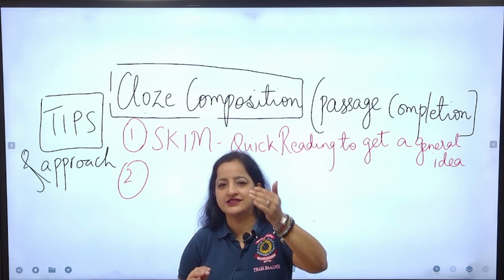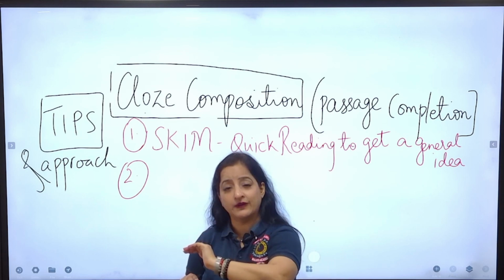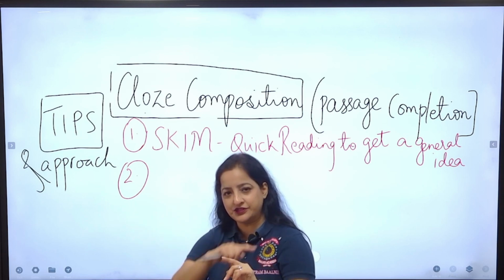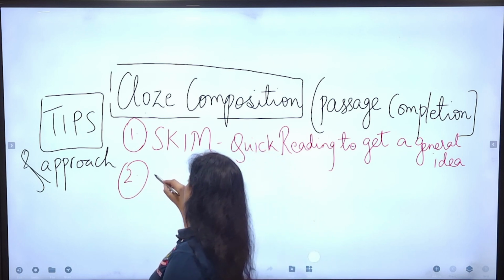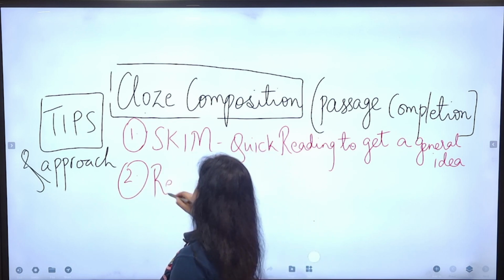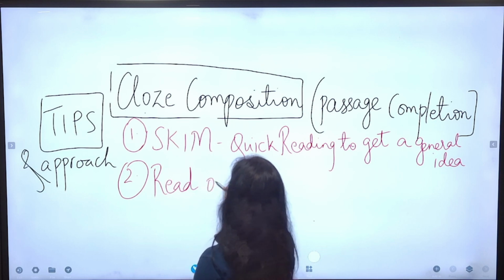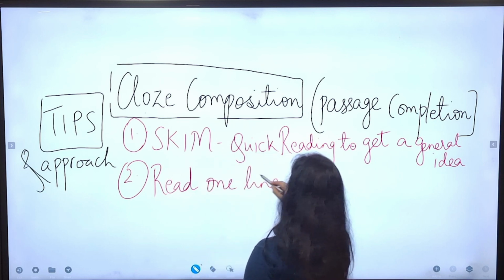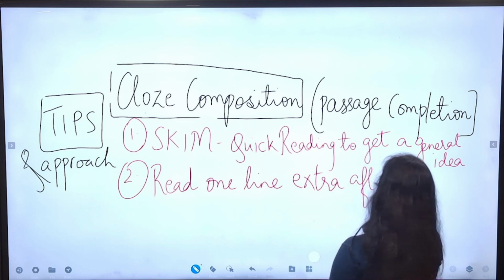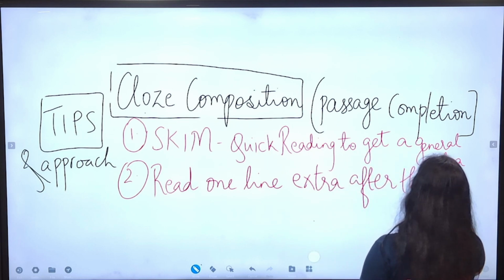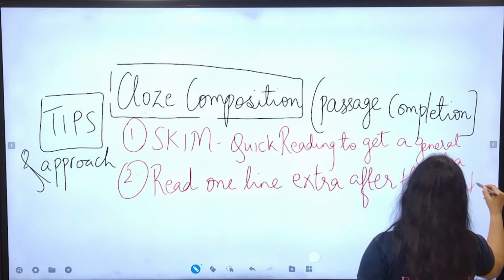The first sentence, the first blank could be closely related to the second blank. So yeah, don't read only to the blank. So read 1 line extra after the blank. Do not read only up to the blank.